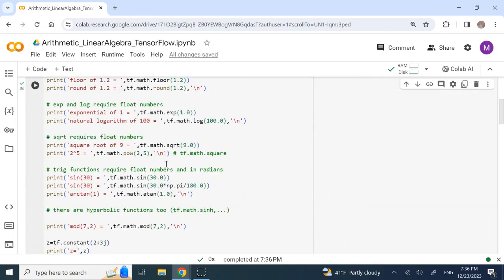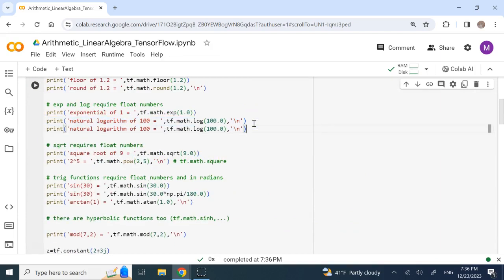But again, if you want log base 10, as I said, you have to divide. So you can do something like this. Say log of 100 in the base of 10 is what? You have to use division.